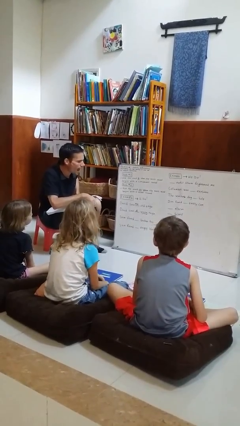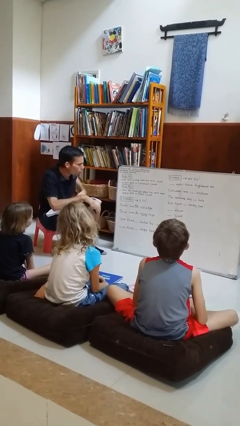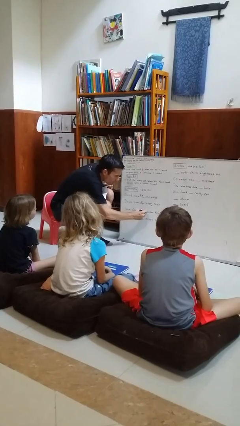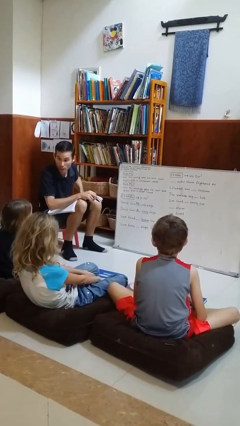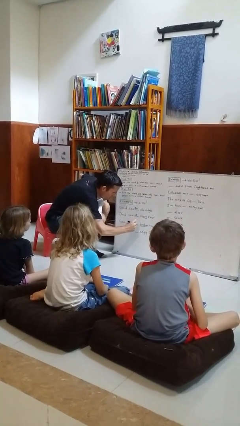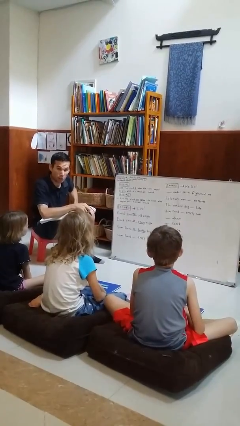Sam found a or an broken toy. Well, rule number 1 tells me that if the word after begins with a consonant and B is a consonant, we get an a. Sam found a broken toy. And that sounds good too.